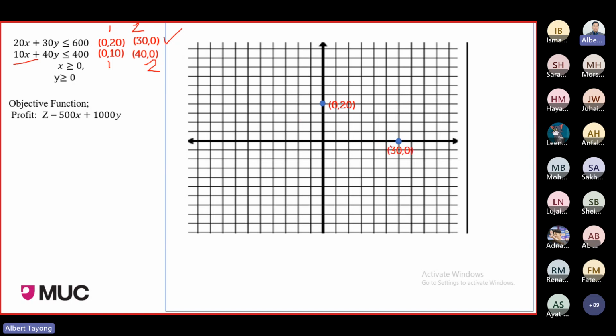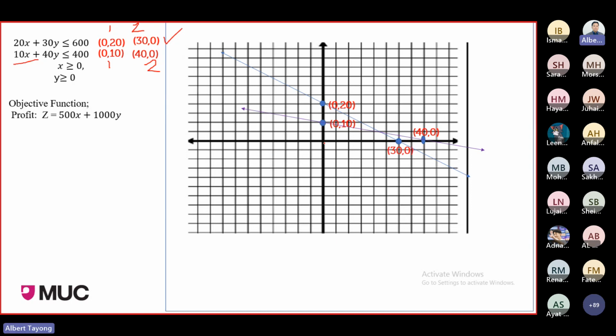So this is 30, 0. Connect the points. And then we have to plot the other 2 points, 0, 10, and 40, 0 here. And connect the points. These are the lines. Okay, so now you have to test.